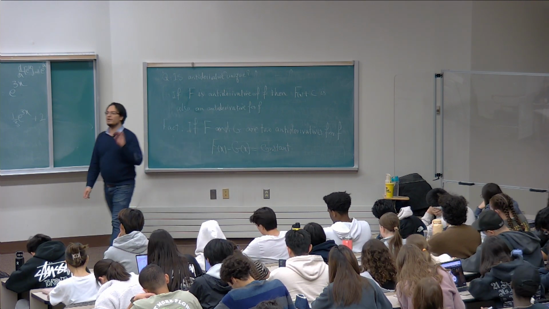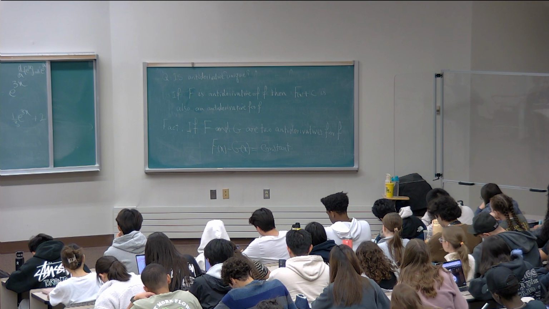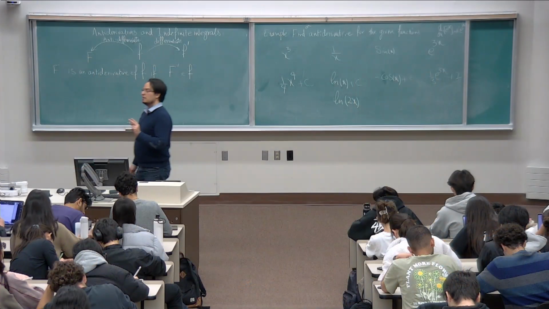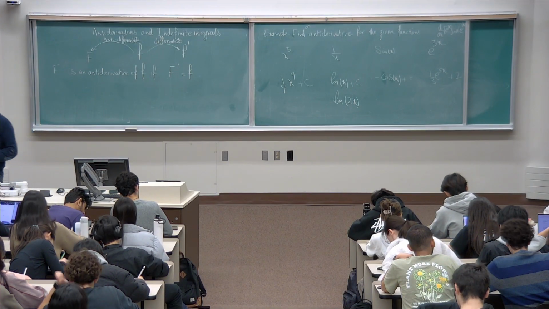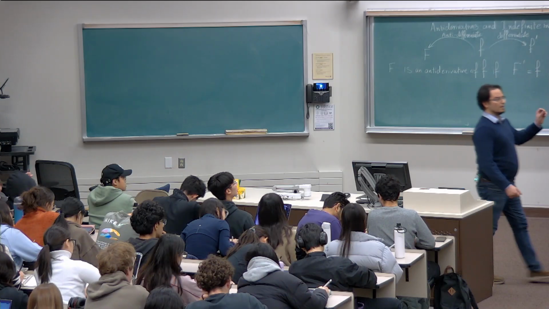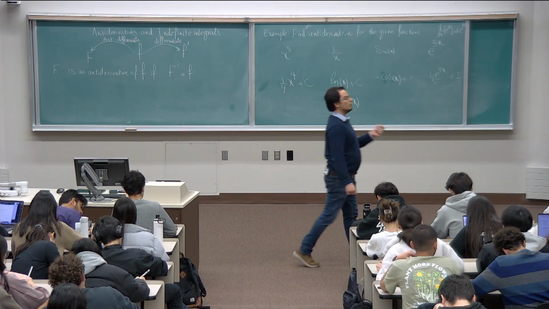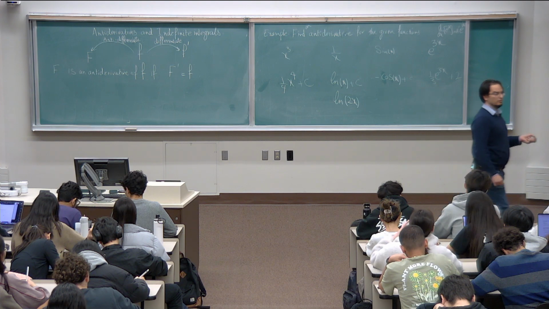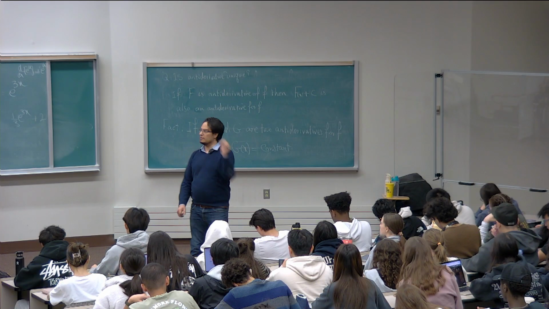The difference of any two antiderivatives is just a constant. This is a simple fact to prove because a constant is the only function whose derivative is 0. You don't need to think more about that.